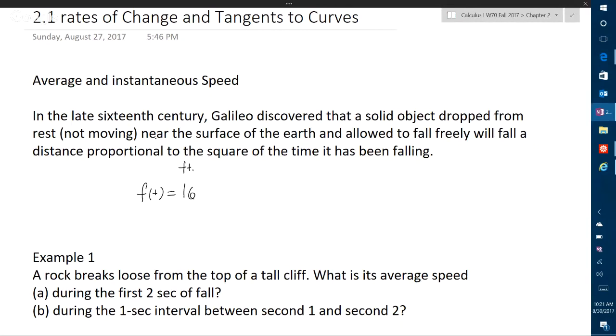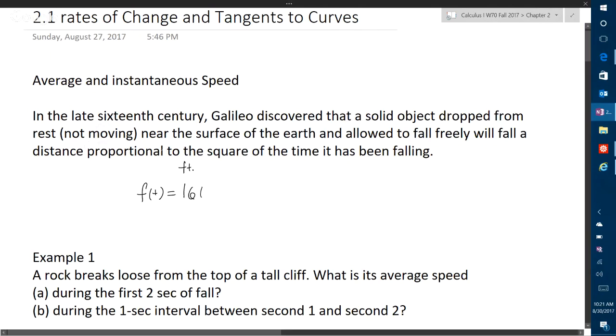And it says proportional to the square of the time it has been falling. How do you think you would represent that mathematically? The square of the time that it's been falling. The time is t, and square, I guess t squared. There you go, t squared. 16 t squared. This is how we would represent it.